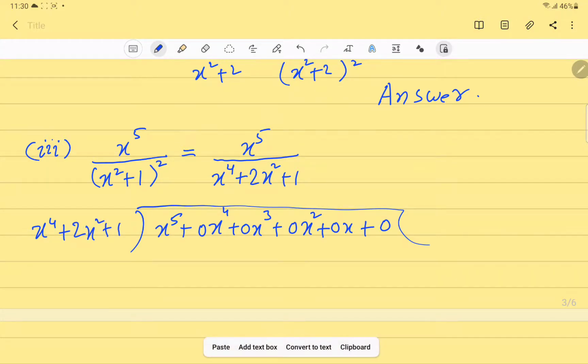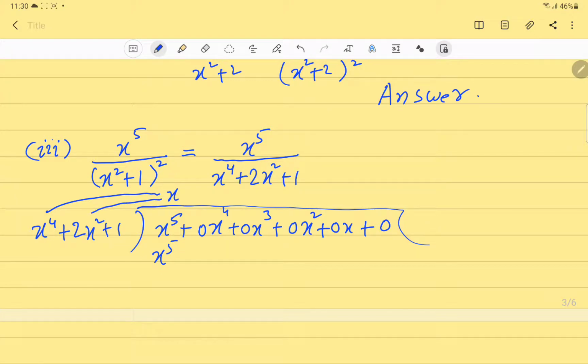So with which term we have to multiply x^4 to get x^5? Obviously it is x. So let's multiply it with this one. So we'll get x^5. Then we multiply it with this one.